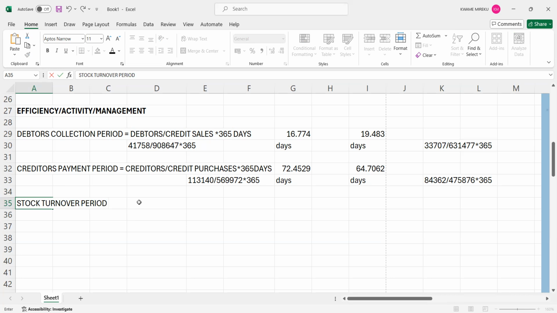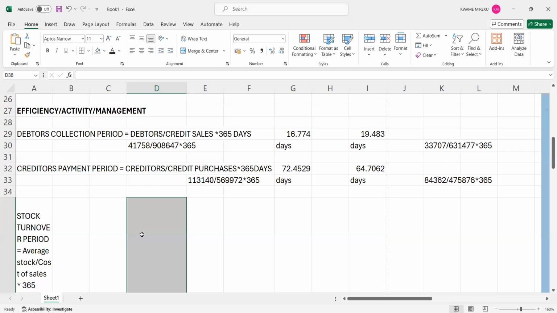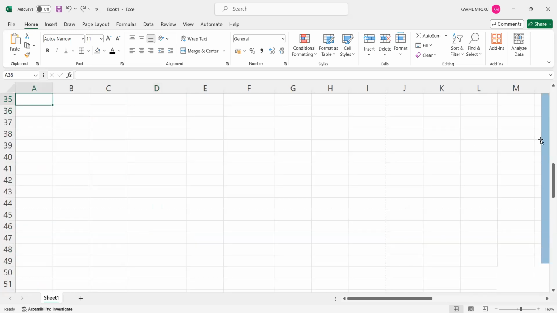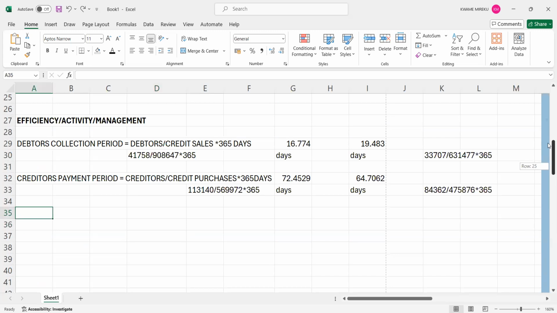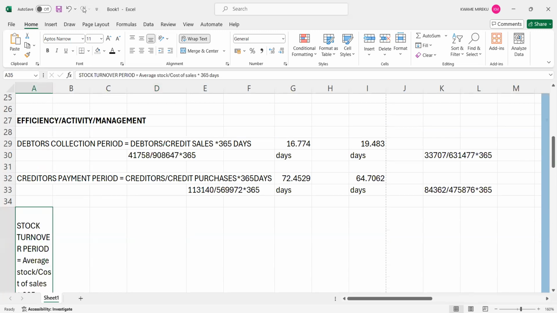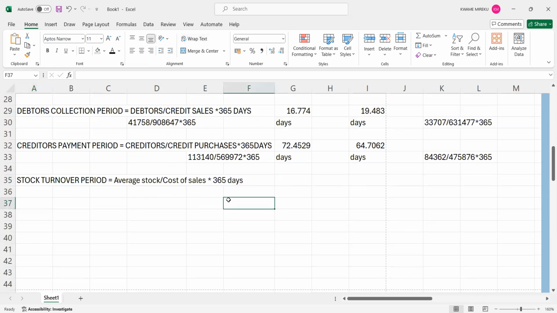On average, how many days does it take you to sell your stocks? That is given to us by the average stock over cost of sales times 365. Average stock is supposed to look at your opening and closing stock.